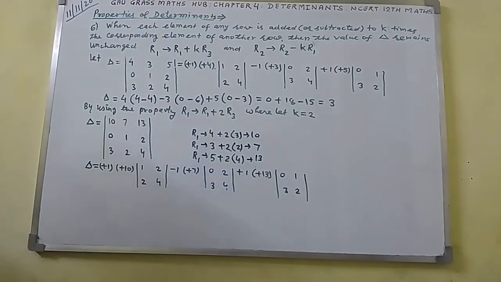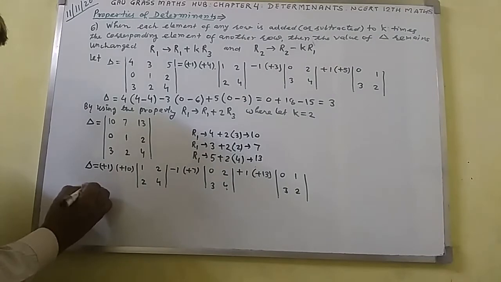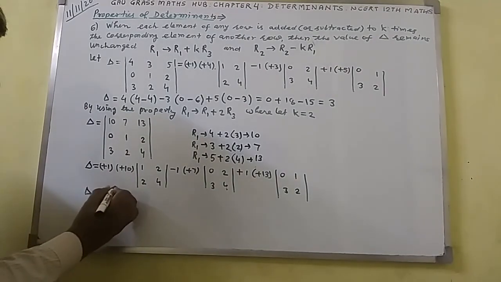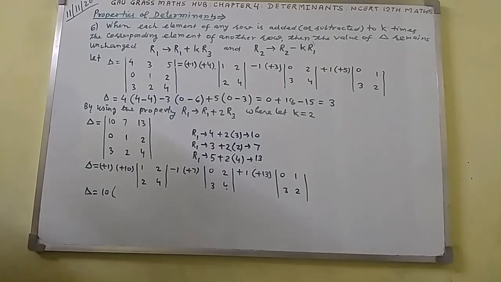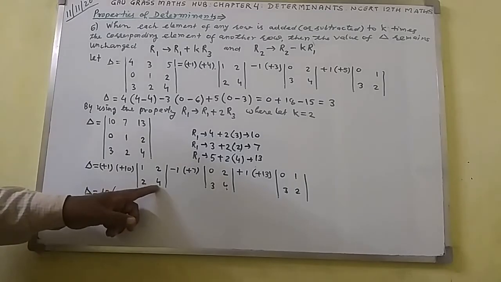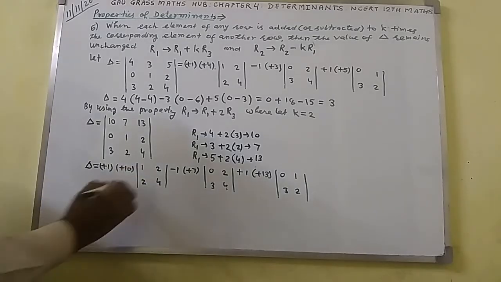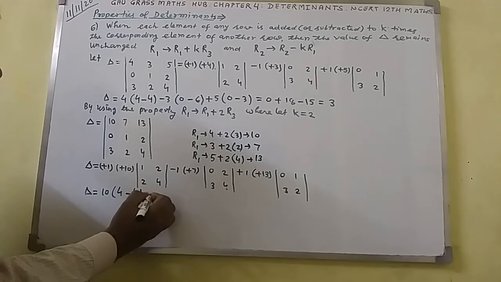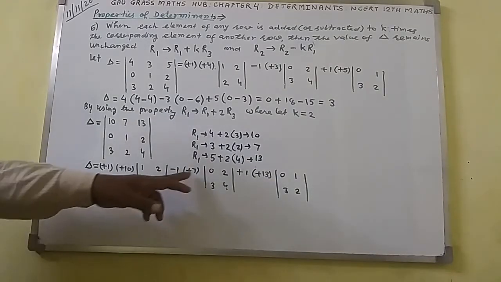Now evaluate this determinant. You will get plus 10. Here I shall add plus 10. The elements of principal diagonal will multiply together. 4 will multiply to 1. You will get here 4. Minus is fixed here. The elements of reverse diagonal will multiply together. 2 will multiply to 2, comes out to 4 here. Minus 1 will multiply to plus 7.